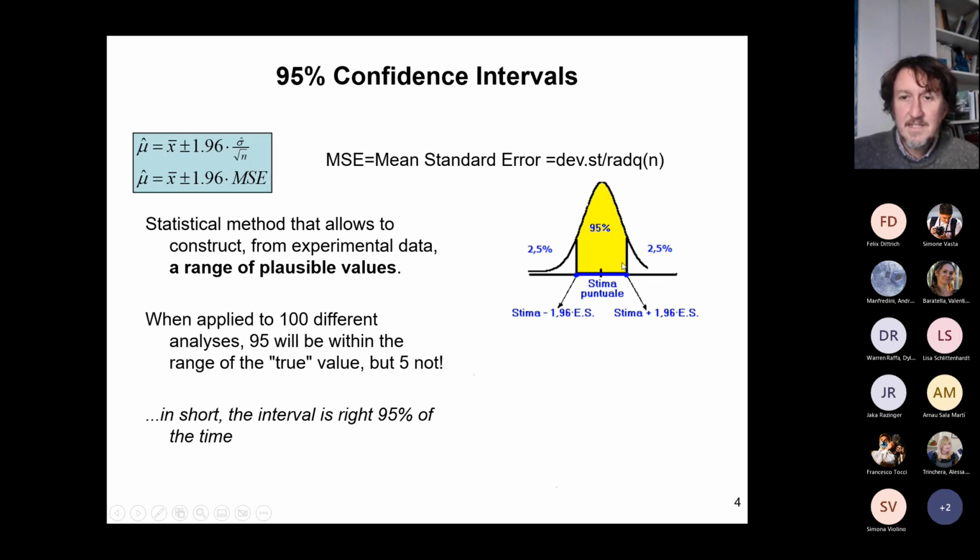Here in the yellow part of this graph, we have the confidence interval. This 2.5 here and 2.5 there are the probability rejected, so outside the confidence interval. In short, the interval is right 95% of the times.